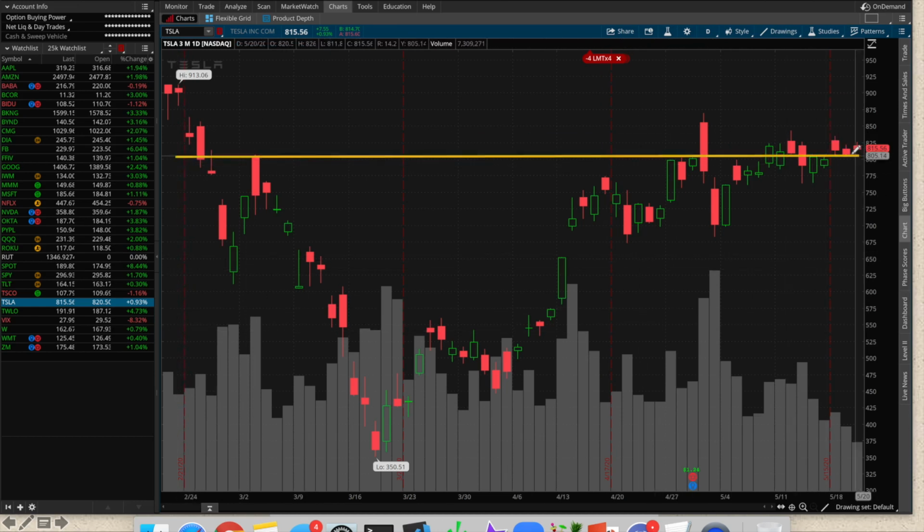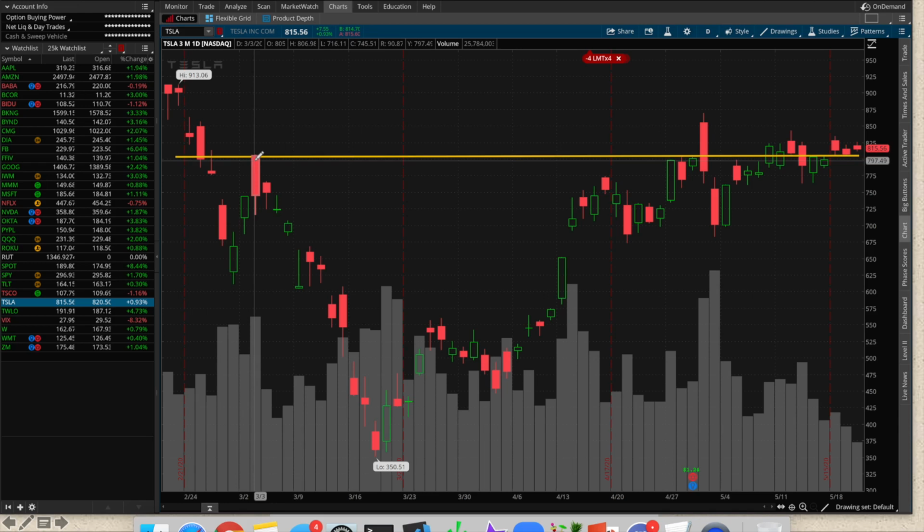You'll notice that this bar is touching it, this bar is touching it, this bar is almost crossing it. You don't have to be exact about drawing it. Don't worry if some bars are crossing it, as long as you have at least three or more price points which are touching your support.